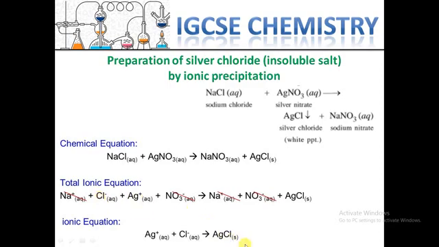Then you find the corresponding reactants, which are the silver cation and the chloride anion. The rest need to be removed, and then you get the ionic equation. The removed ones are the spectator ions, which are not involved in your reaction.